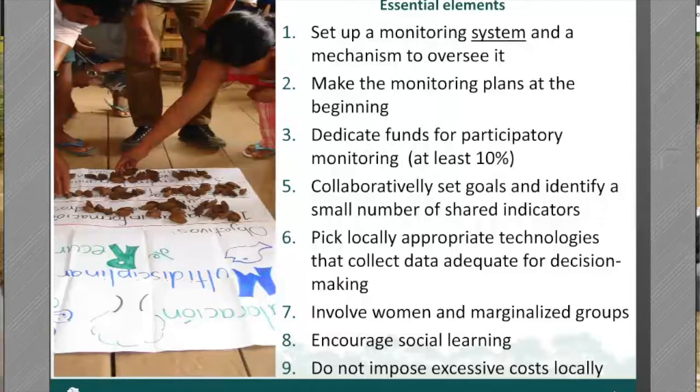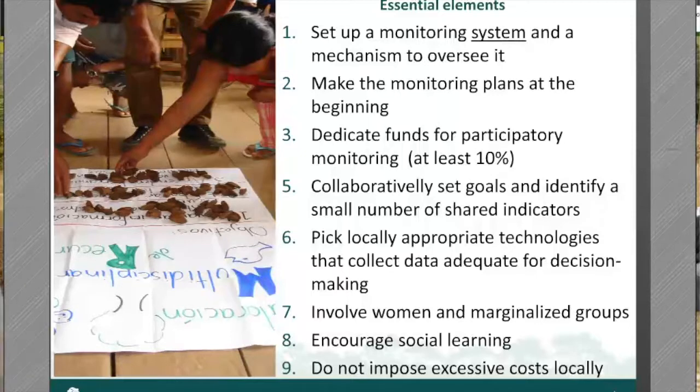Pick locally appropriate technologies, not necessarily insert or suggest or impose Western technology or completely scientific technologies, but spend time trying to find out if there are local technologies that can be cost effective and that are informative enough for locals to take decisions.